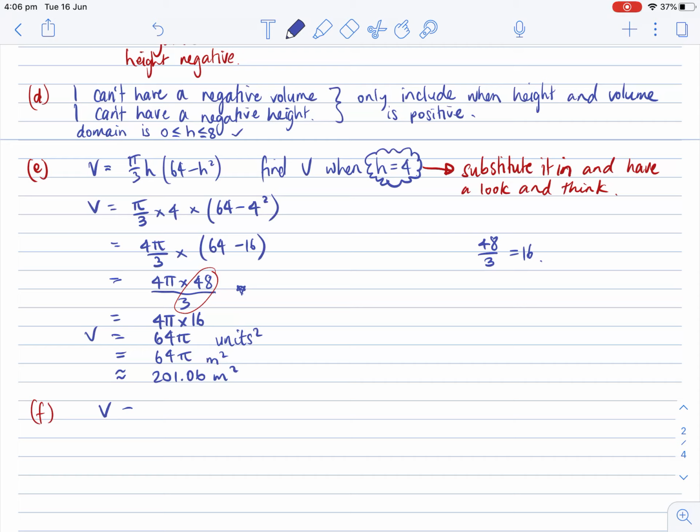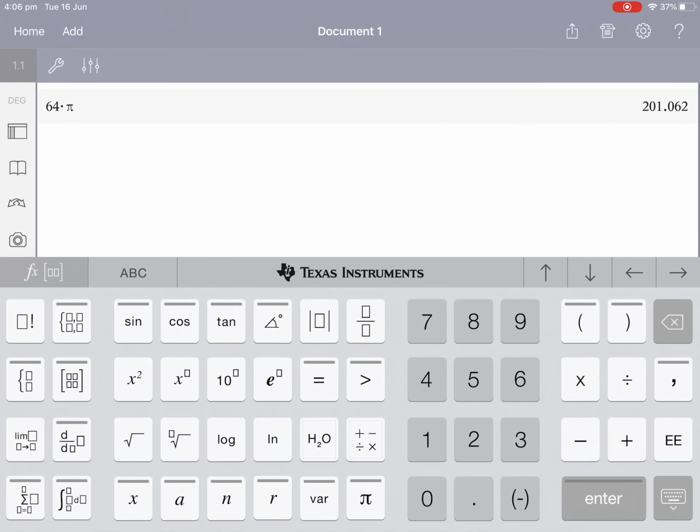So V has to equal 150. If I substitute V equals 150 into this equation, I'm going to end up with something that looks like 150 equals pi over 3 times h.